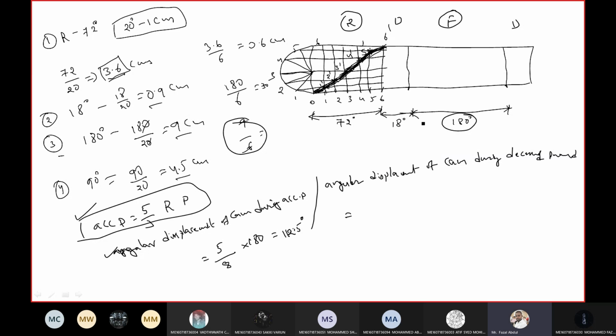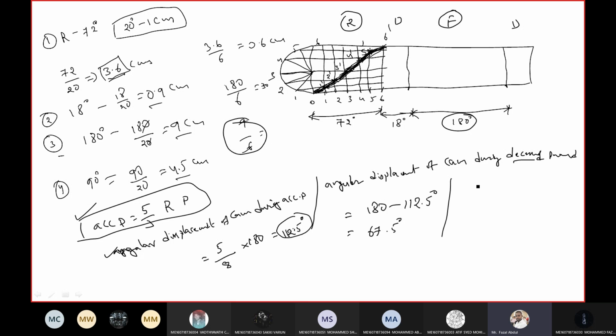The total value is 180 degrees minus our first ascent value that we calculated, 112.5 degrees. So the remaining is 67.5. This descent value we can also calculate like this.